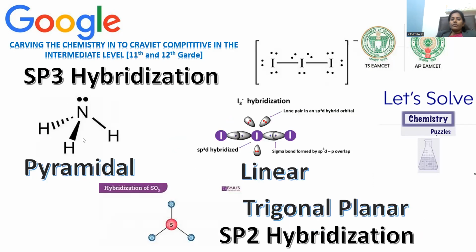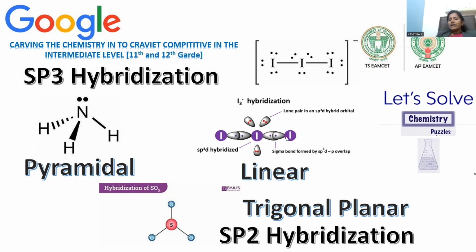Next, if we go with the ammonia molecule, nitrogen has sp3 hybridization, and one lone pair is located on the nitrogen, so the shape of the molecule is pyramidal. And next is I3 minus. I3 minus is a linear molecule.